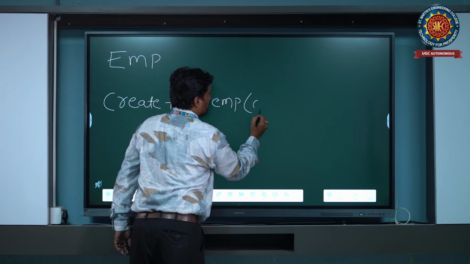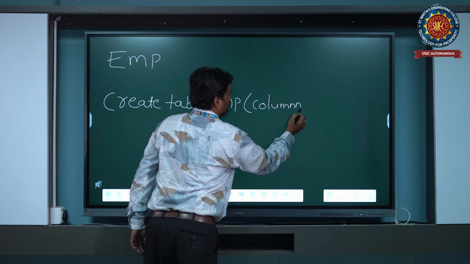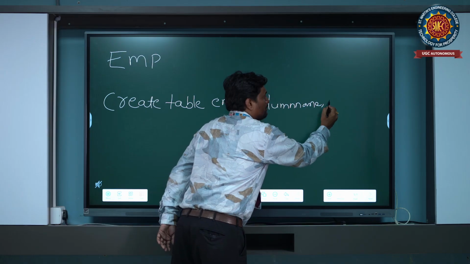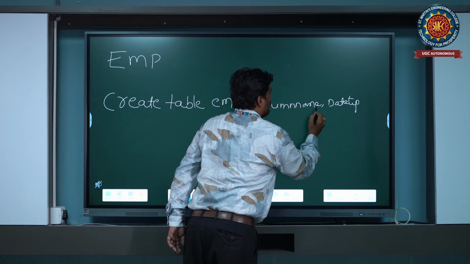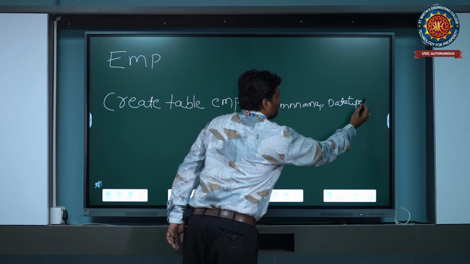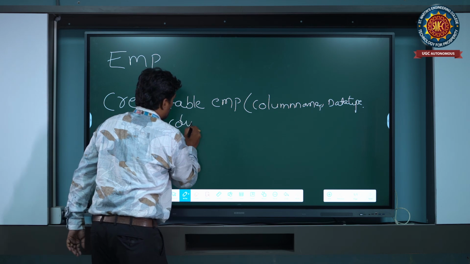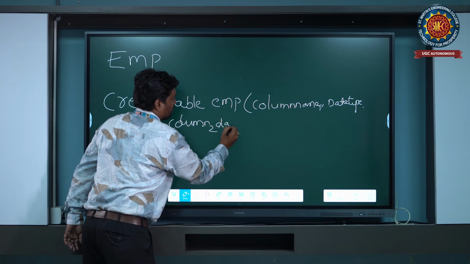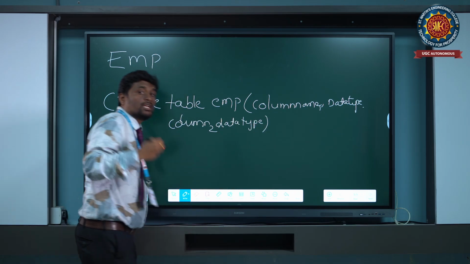And column name, comma, data type. Column name 1, data type. Next, column name 2, data type. This is the creation of the table.